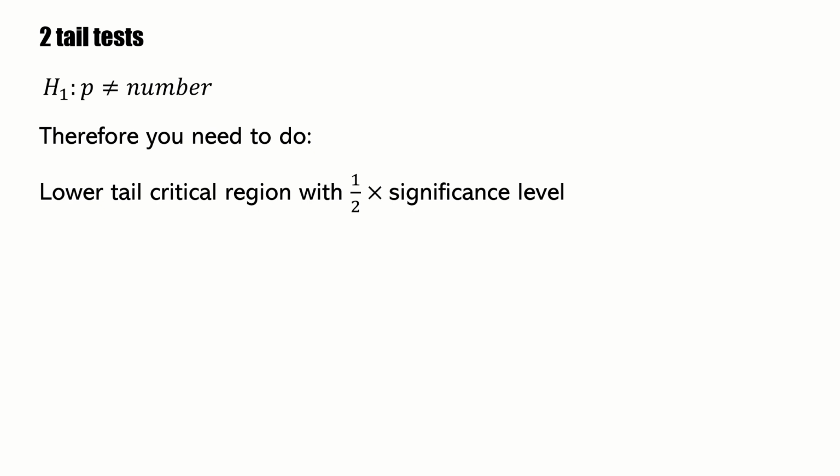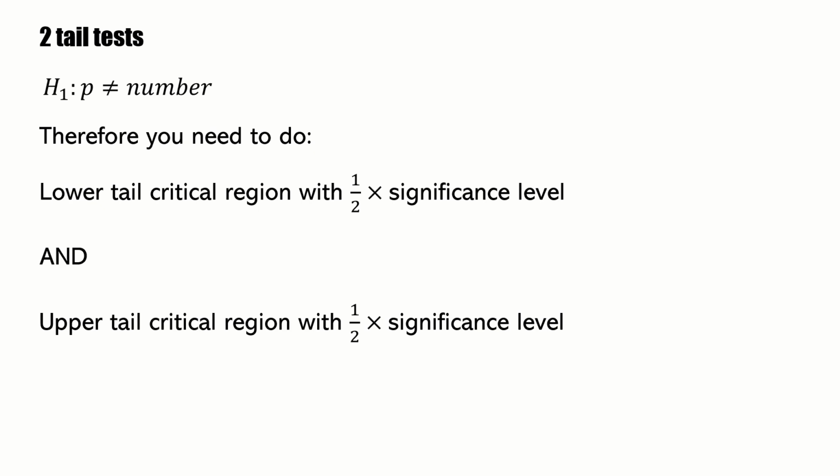So if you are given a significance level for the two-tailed test of, let's say, 10%, you do a lower tail critical region with a significance level of 5%. And on top of that, you also need to do an upper tail critical region. That's where the other half of the significance level goes: half goes to the lower tail and the other half is used for the upper tail.